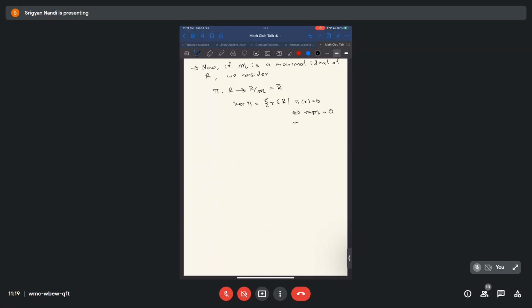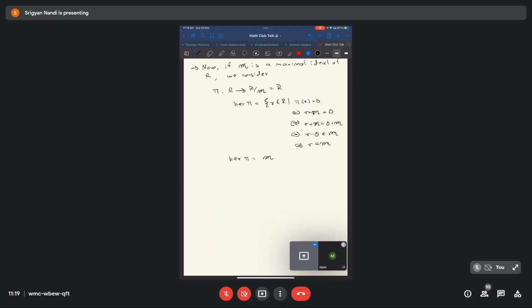But 0 in the quotient ring is the same thing as 0 plus M, which means that r minus 0 belongs to M, which is the same thing as r belongs to M. So the kernel of pi is equal to M, right?